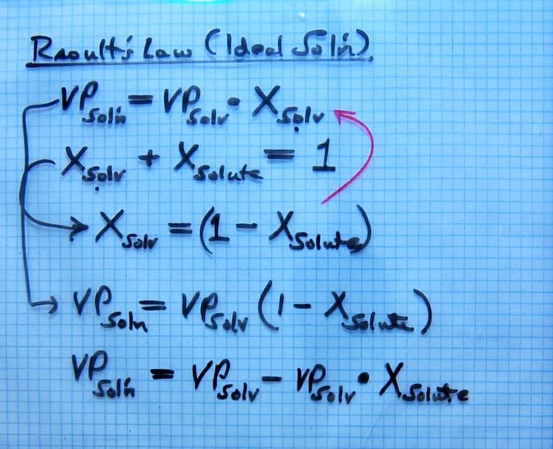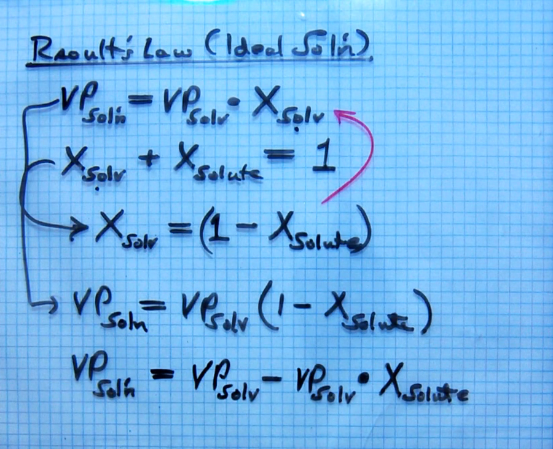It's easier to measure out solute than it is to get the mole fraction of the solvent. So the equation in this form is much, much easier to work with. Now, note in here, accent this: vapor pressure of the solution is not a colligative property.